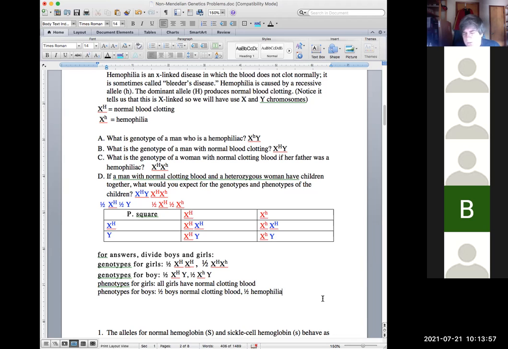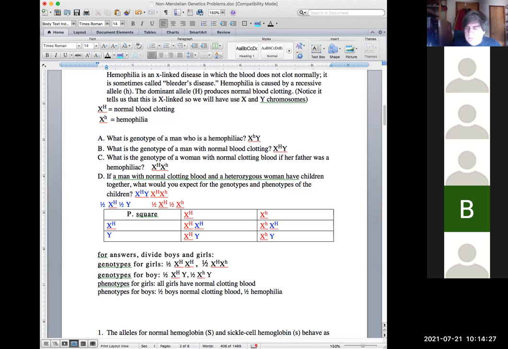And this is why we divide boys from girls, because a lot of times when we have X-linked characteristics, we don't get the same results for boys and girls. So think about if you were going to a hospital. Most hospitals now have somebody called a genetic counselor on staff. And you could talk to this counselor and say, well, there's this disease that runs in my family and my husband's family, and we want to see if we have children. What are the odds they'll inherit this?